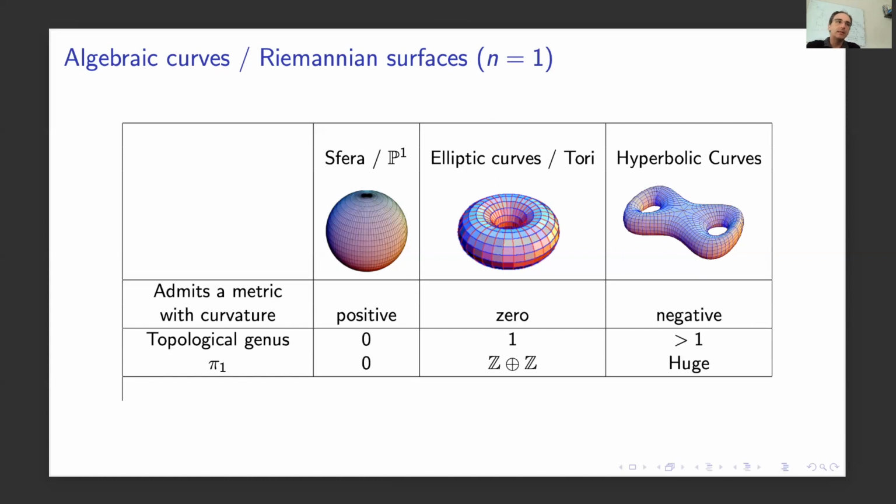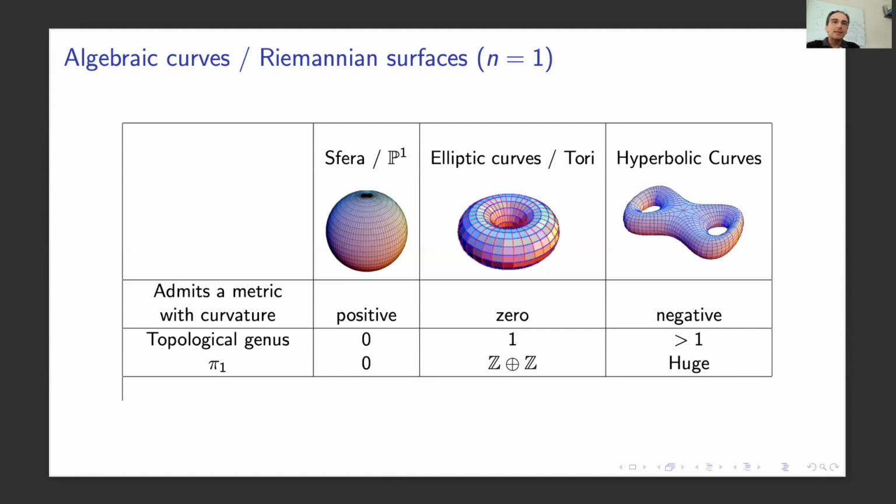For instance, the easiest one is the fundamental group, pi 1. Pi 1 is trivial in the case of the sphere. It's huge in the case of hyperbolic curves. It's a really big group, highly non-commutative, and it becomes bigger and bigger when the genus becomes bigger. And it's somehow in the middle in the case of elliptic curves or tori. It's given by Z plus Z.